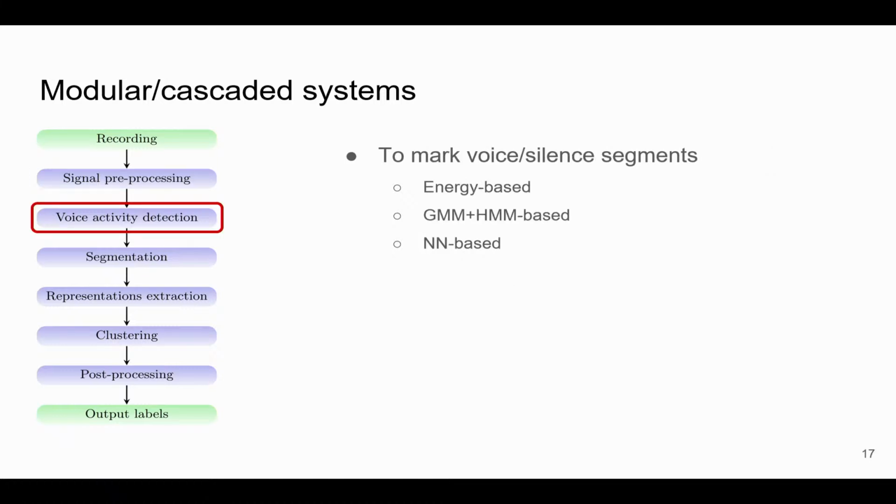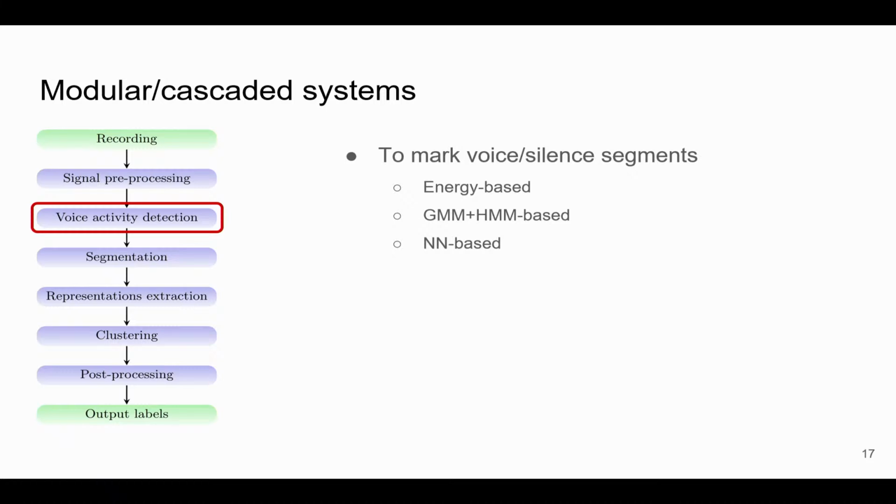A key step is also voice activity detection, which can be done as easily as using something energy-based. You just measure the level of energy. If it's above a certain threshold, you say this is speech. If not, this is silence. That works if you have very quiet environments, no background noise, no reverberation, and so on. As you get to more tricky situations, that will probably not be so good, even though it's very lightweight and easy to run.